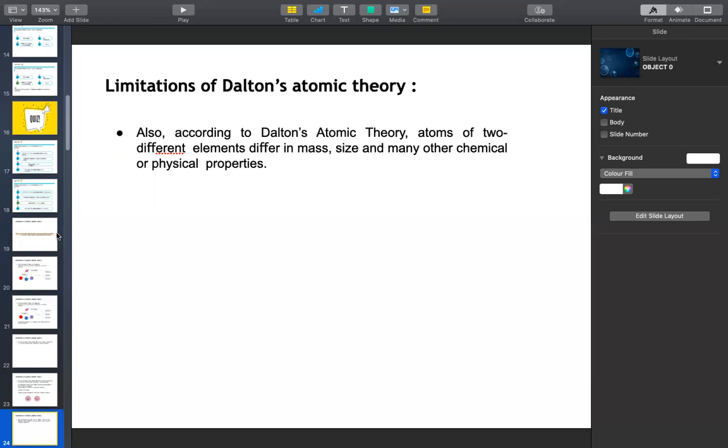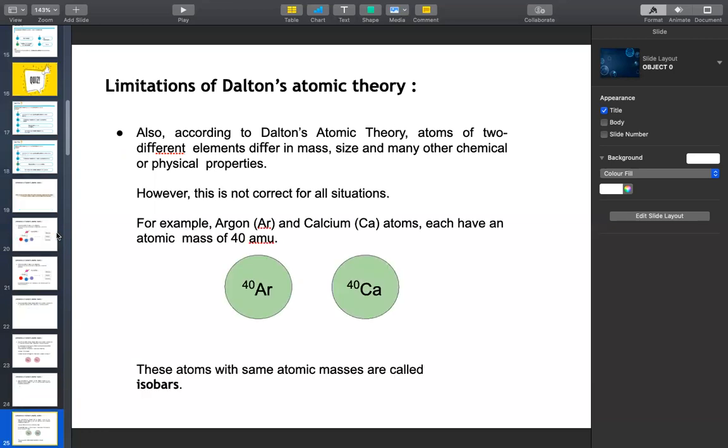No, it is not true. Isobars are the example, like argon and calcium, both have mass 40. So both have the same mass, but their chemical and physical properties are different. That part of the postulate is right, but their mass is not different. Understood?